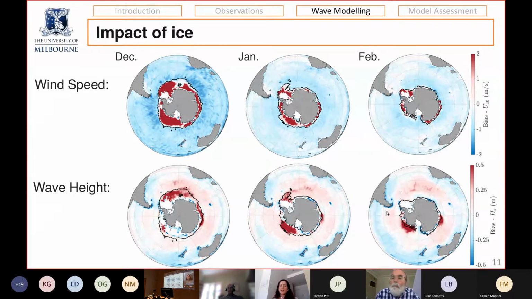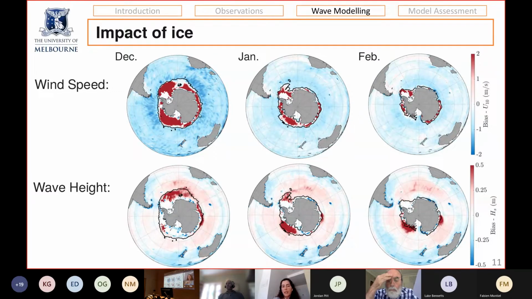I have plotted basically the ERA5 wind that I'm feeding into the model against satellite observations on top here for 3 different months, and down I have plotted the wave height that I'm getting out of the model against satellite observations again. And on top I have plotted the outer edge of ice, the maximum ice during that month.